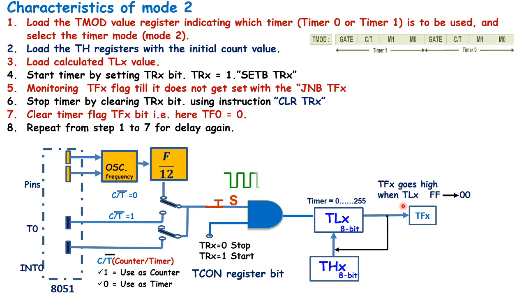At that time this overflow flag bit gets set. When it is set, whatever the value of TH, the higher byte stored here, is reloaded in TL. So this mode is named the 8-bit auto reload mode.